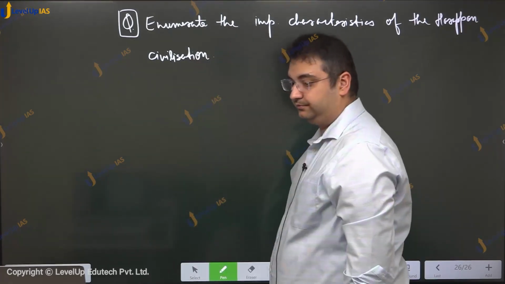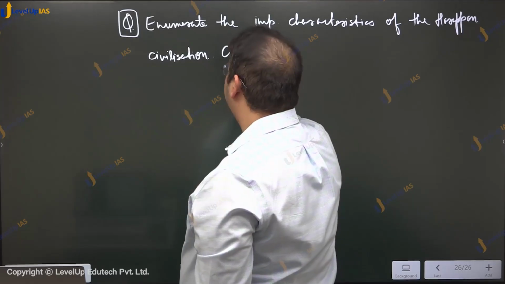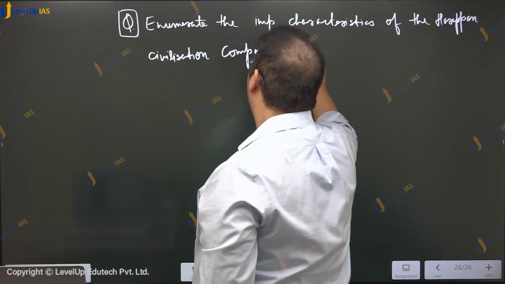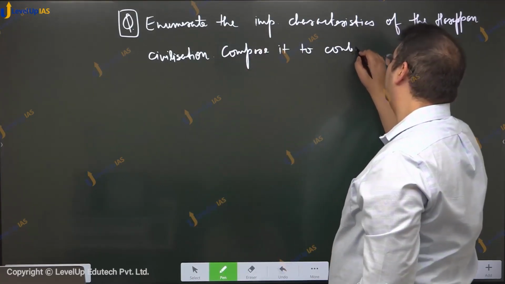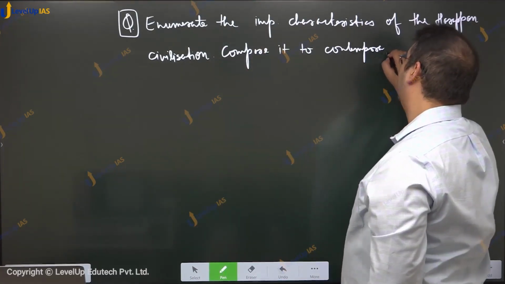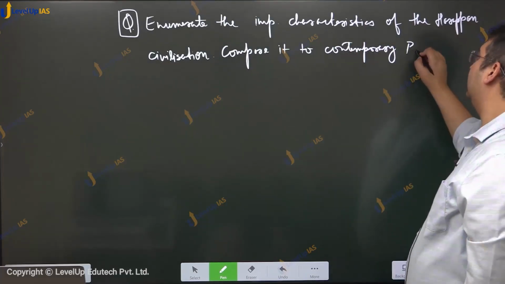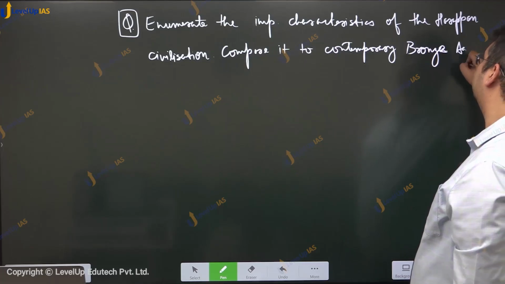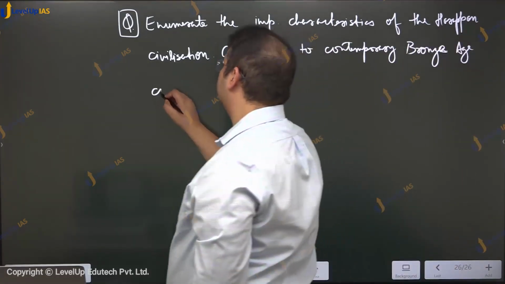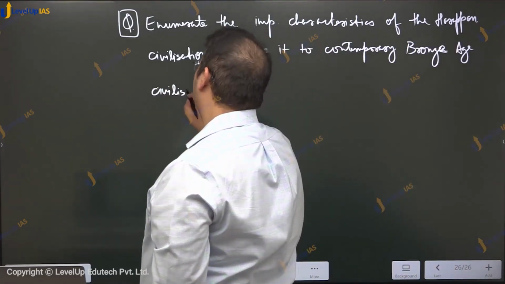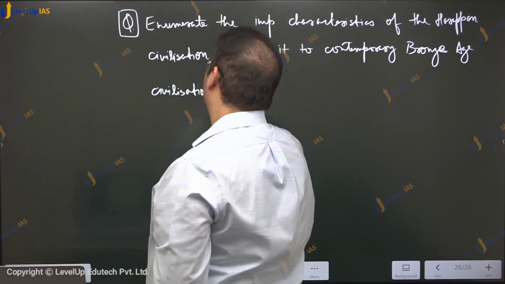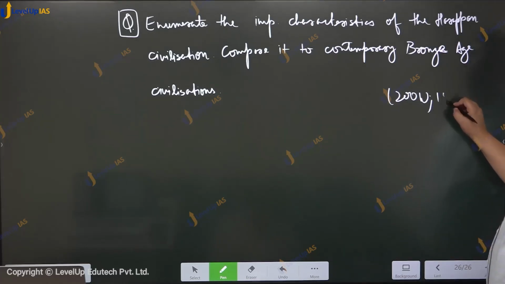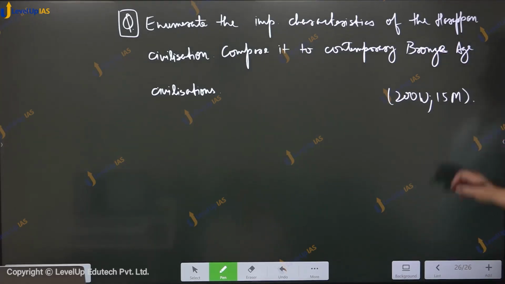Compare it to contemporary Bronze Age civilizations. 200 words, 15 marks.